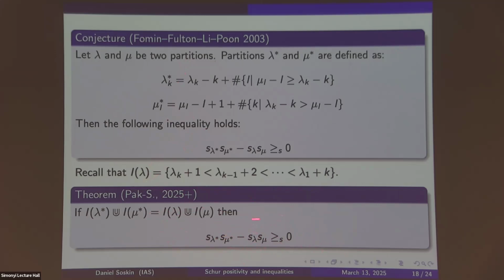Sorry, is it possible to say easily what the star does? I know there are definitions here, but... Well, if you look at lambda and mu plus staircase, then E of lambda star and E of mu star are obtained from E of lambda and E of mu in some sense by trying to sort them. We have two index sets, E of lambda and E of mu, and we fix some element.